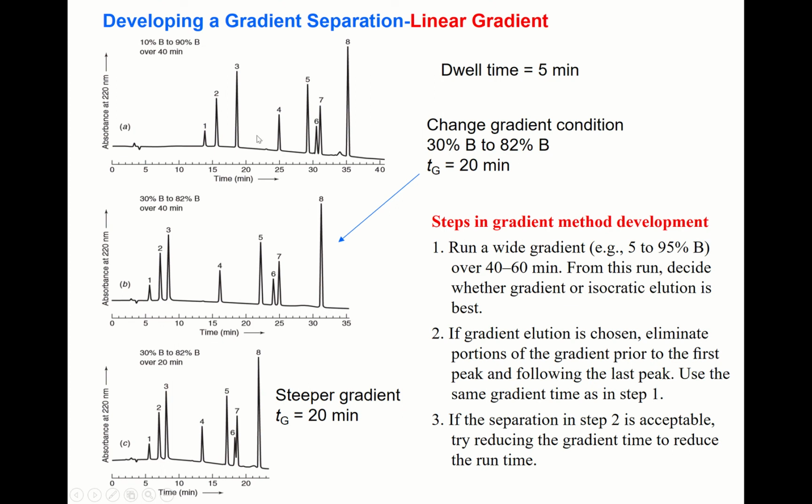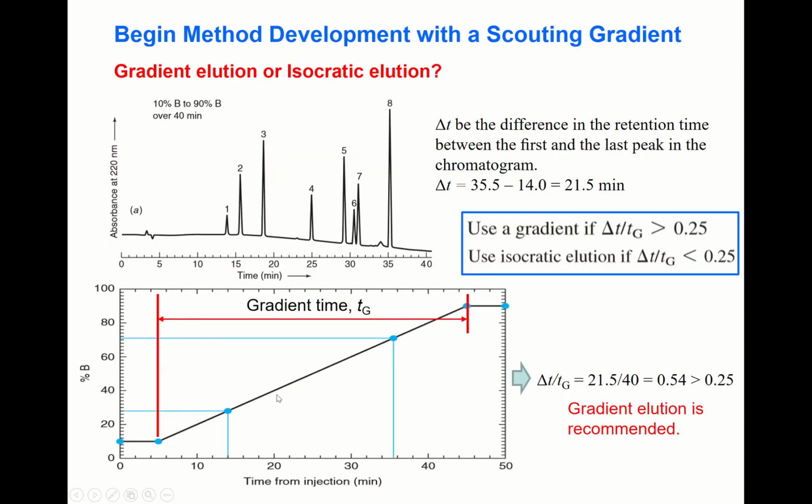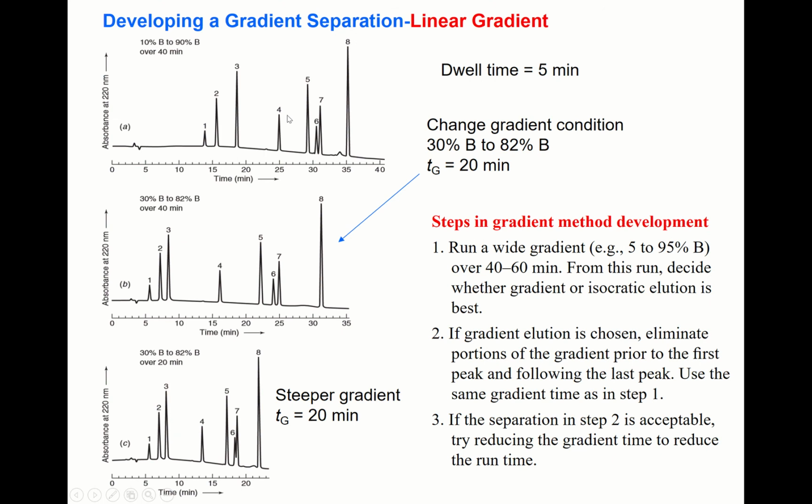Now this first one we've already seen. It was obtained with a dwell time of 5 minutes, under this elution condition: changing B percentage from 10 to 90%. Let's change it up to this point.